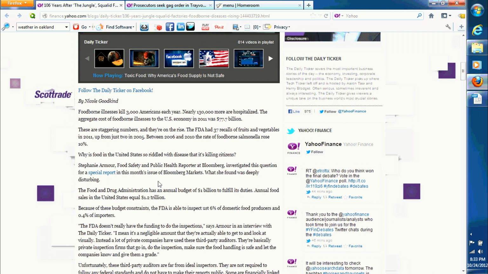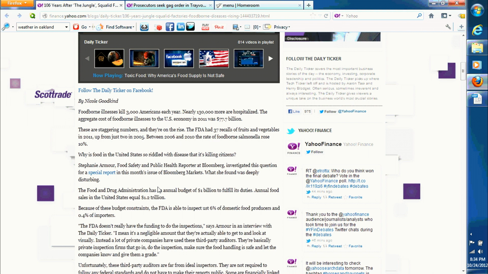Okay, and again we can ask, if the FDA had an annual budget of greater than $1 billion, then would there be less than 130,000 people that were hospitalized? And last time, you can ask again, if the FDA had an annual budget of greater than $1 billion, then would there be an aggregate cost of foodborne illnesses to the U.S.